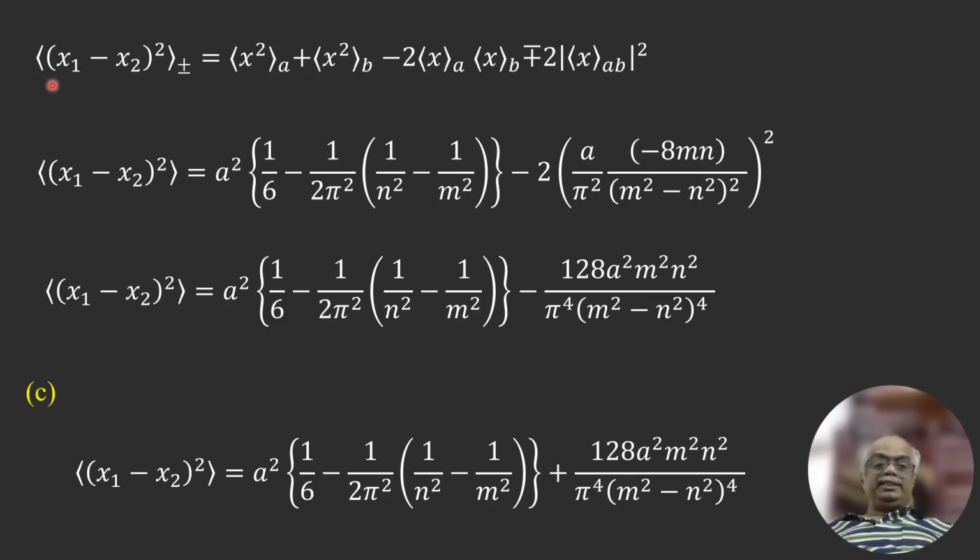Now we have seen already that the expectation value of x1 minus x2 whole squared is equal to the expectation value of x squared of particle A, x squared of particle B, minus the expectation value of x for particle A and particle B, minus or plus 2 times the modulus square of the expectation value of x AB for particle A and B. So now in section A, we have seen for distinguishable particles, you will get only these three terms. The only thing new is the last term, minus or plus.